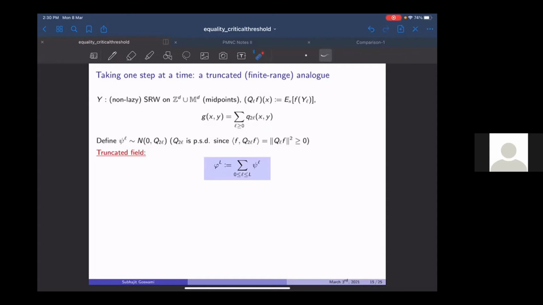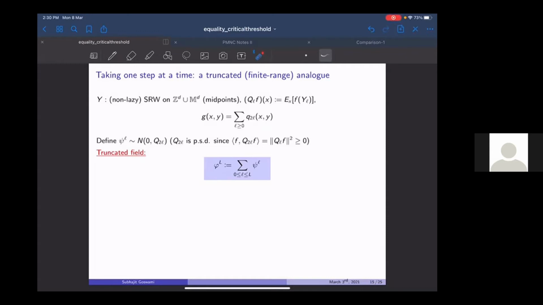But why can you think like that in this case? What are your analogs? What are your finite range versions or finite range approximations for your model? Well, in the last talk, I talked about random interlacements, and it's also true in that case, but it's much more difficult to prove.